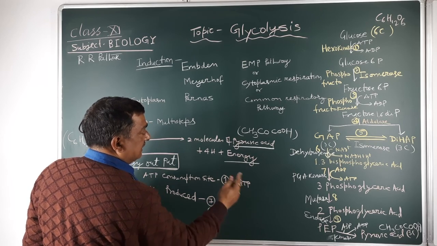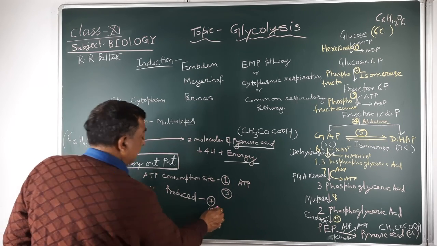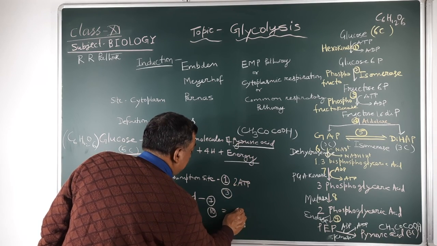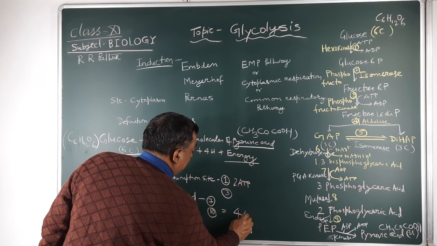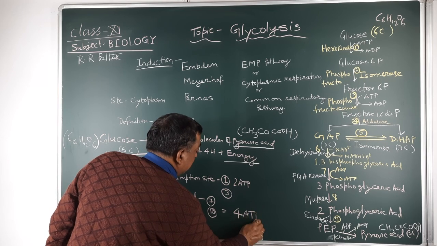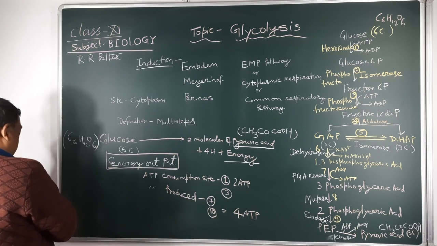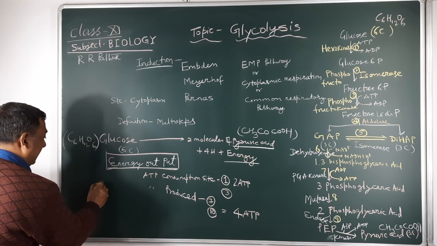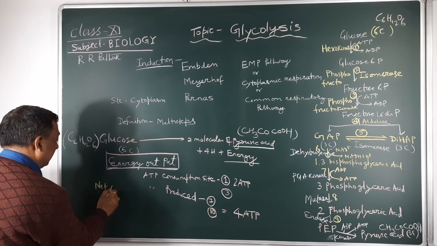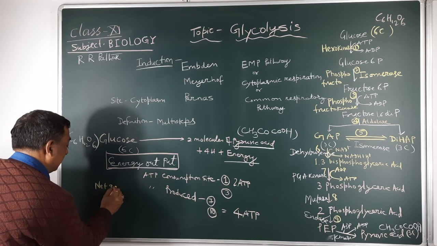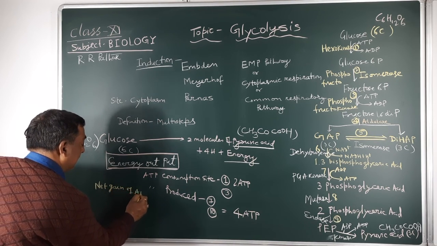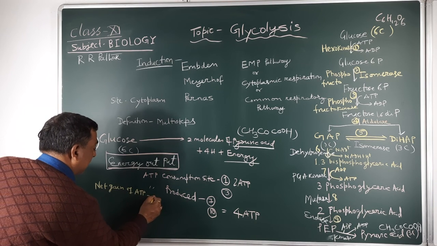Dihydroxyacetone phosphate is also responsible to form pyruvic acid. So there is net production of 4 ATP, while net gain of ATP is equal to 2 ATP.